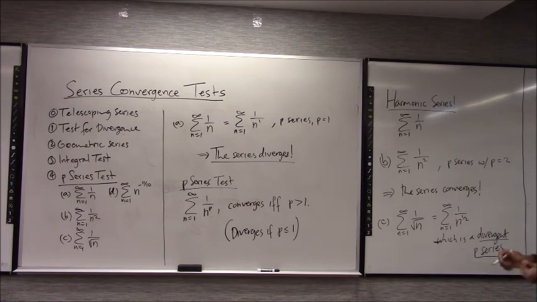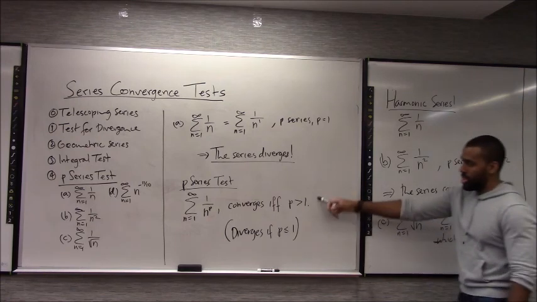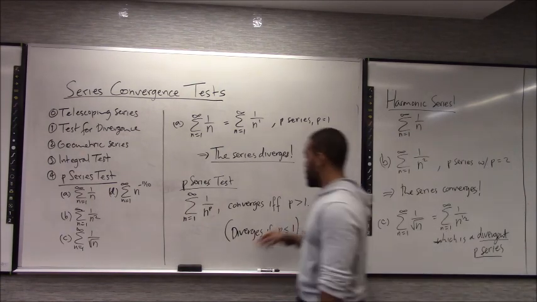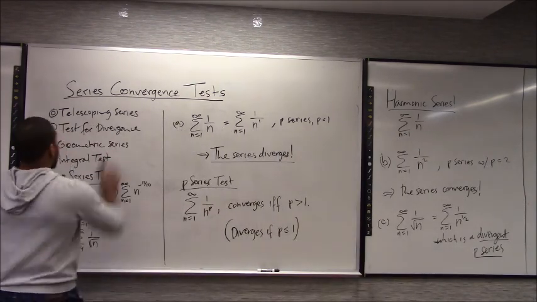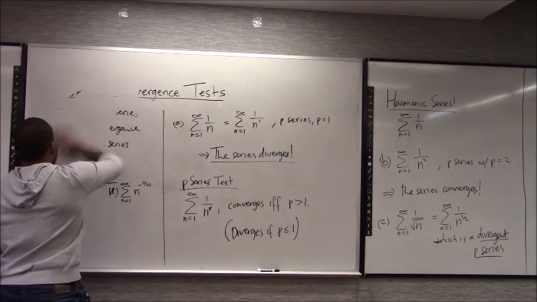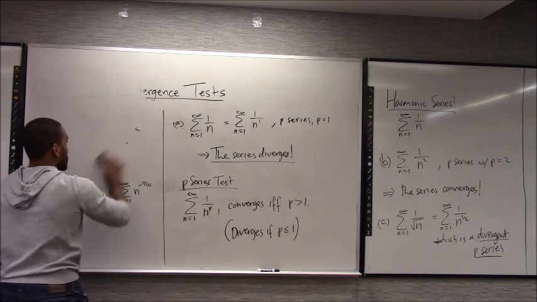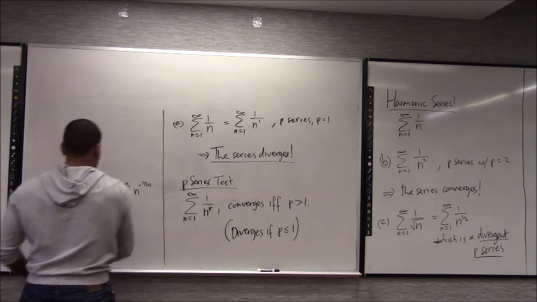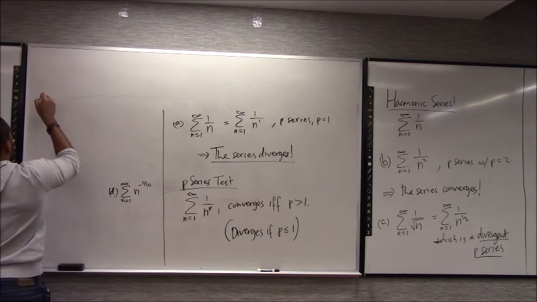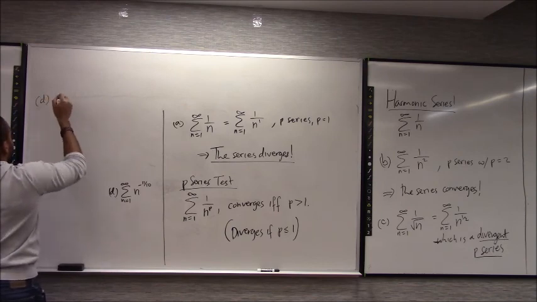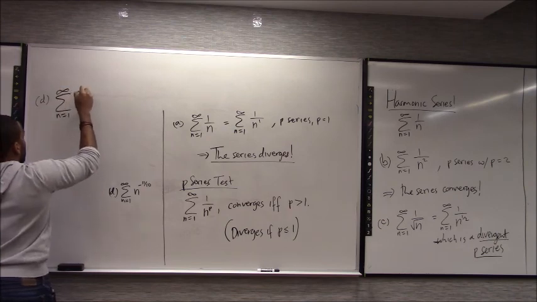Eventually it gets to the point where even pointing out the p-value is such a silly thing to do that we just say it's a divergent p-series. You all know what that means: the p is less than or equal to 1. And what about D? Converges or diverges? Converges. How do you know?